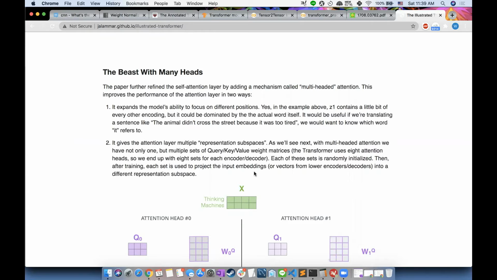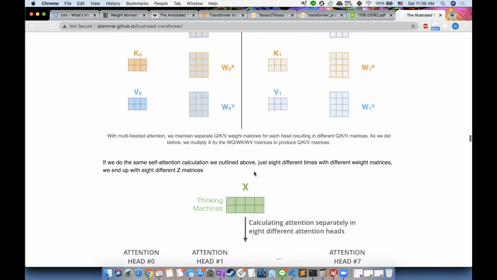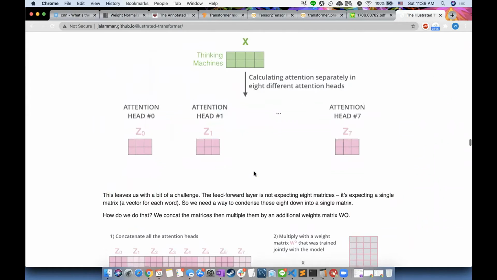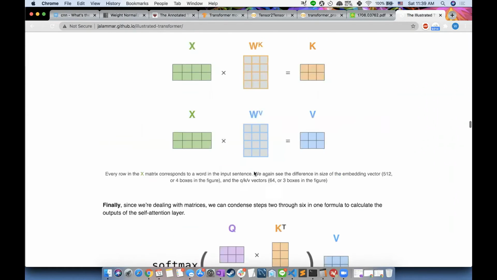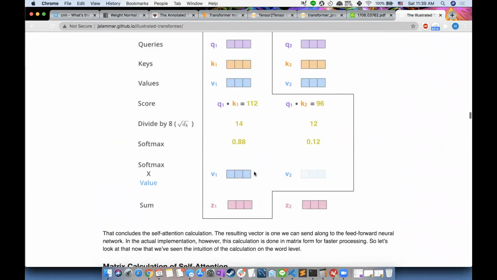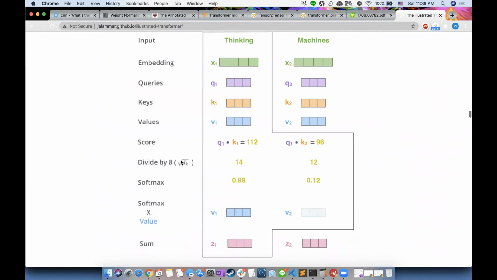So it's 512 divided by 8, that's 64. Then we take the square root of that, that's 8, and we just divide by 8 right here.